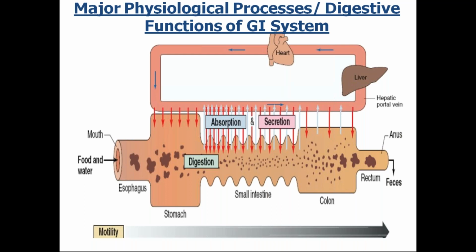In the non-digestive functions, you have the protective function of the gastrointestinal tract. Now, when we talk about the digestive functions, there are certain physiological processes going on within the tract, which help in the digestive function of the GI system, right?